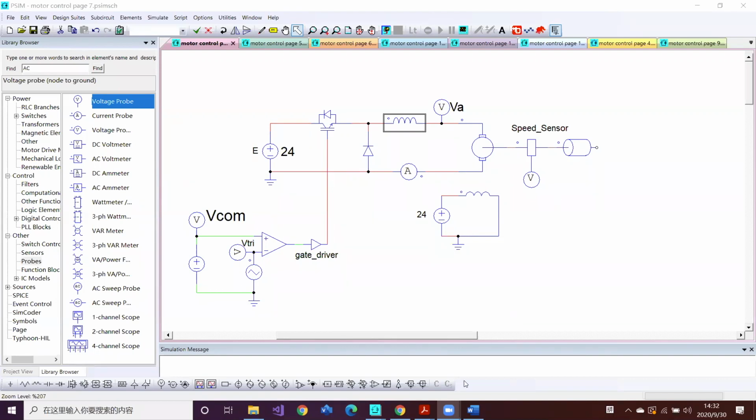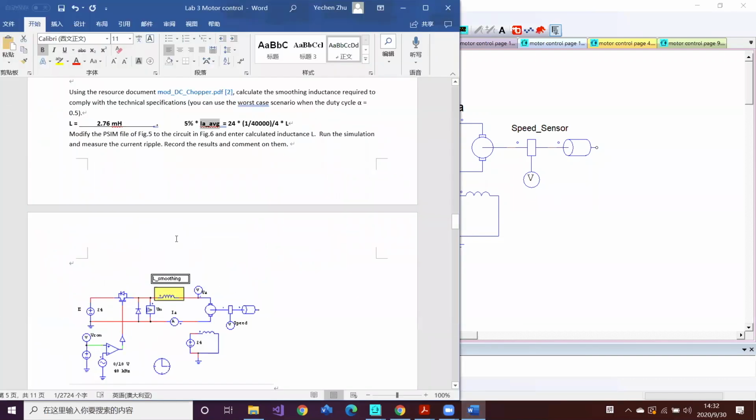All right, anyone got the value of your inductor? Okay, I can see 2.77 milli. Yeah, that's right.